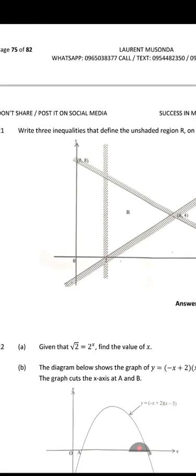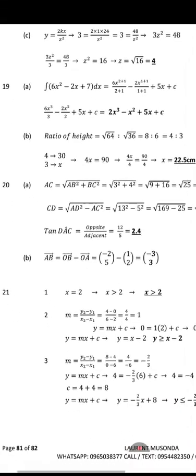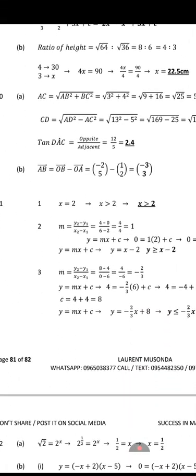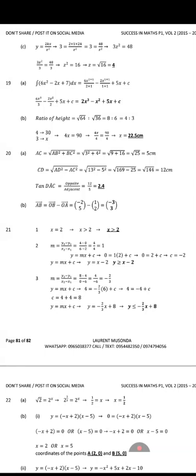That's why the symbol is greater, because we put the symbol which represents the unshaded region. Remember, we go for the unshaded region. Take note, we put the symbol showing the unshaded region.